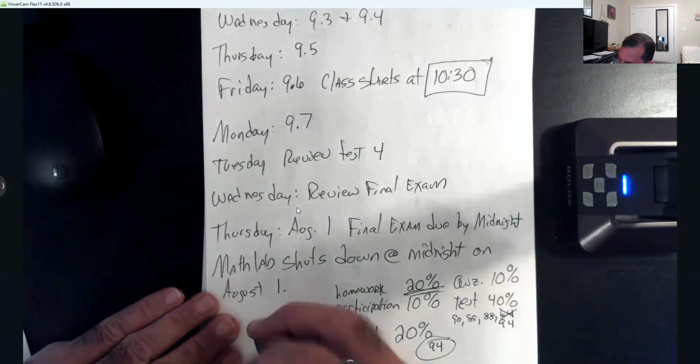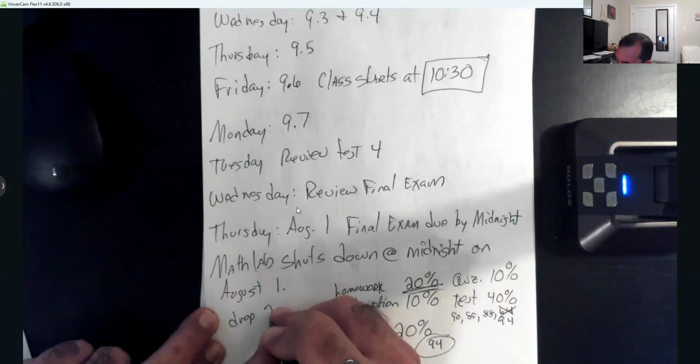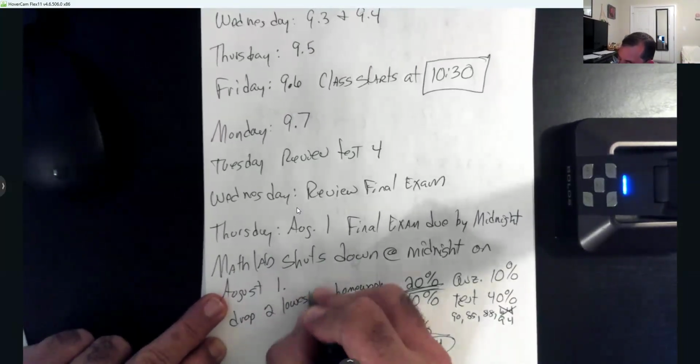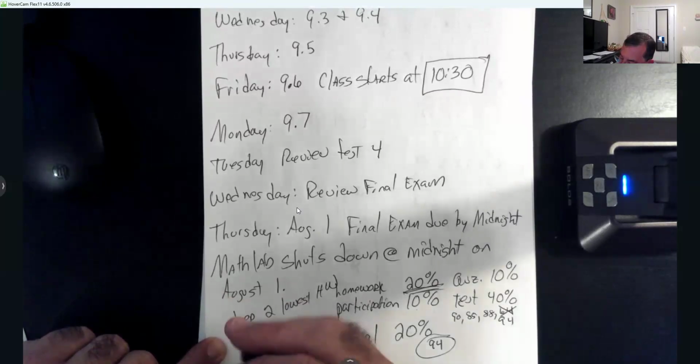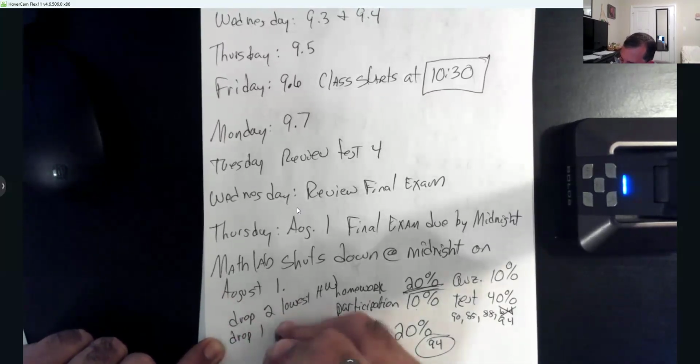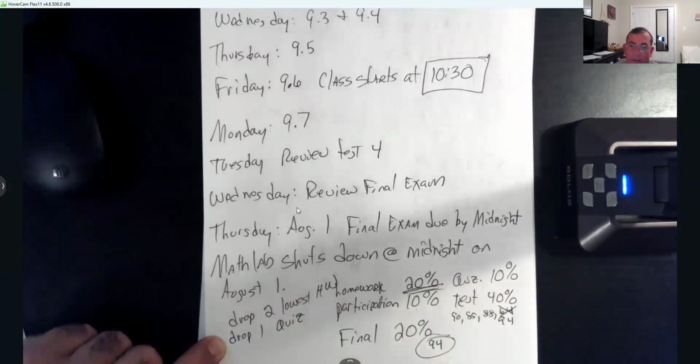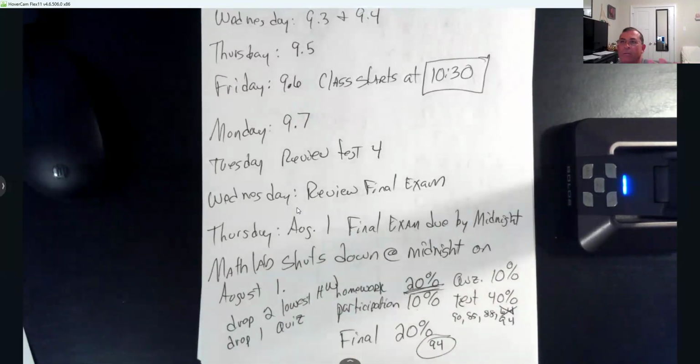I will also drop the 2 lowest homeworks. So your 2 lowest homeworks, I'll drop them out totally, and I'll drop 1 quiz. So one of those module reviews you didn't do very good on, I'll drop it out totally, okay?